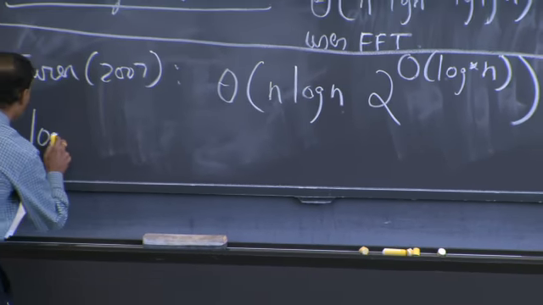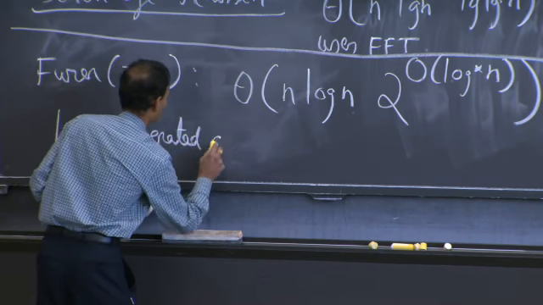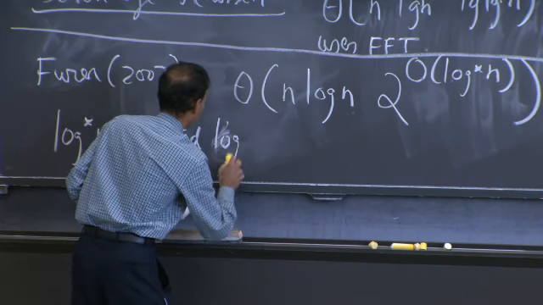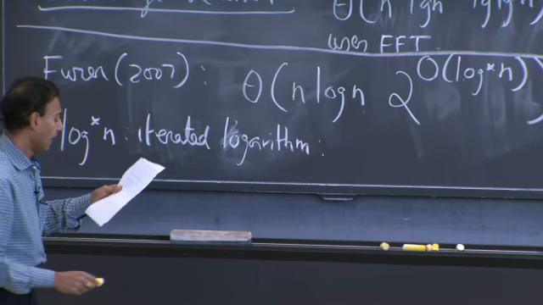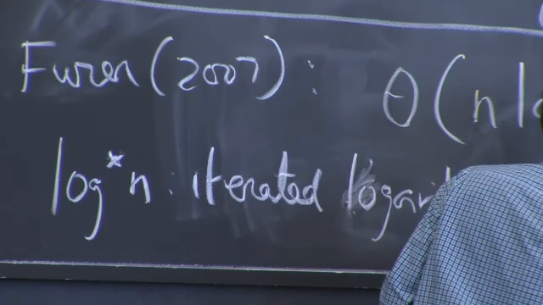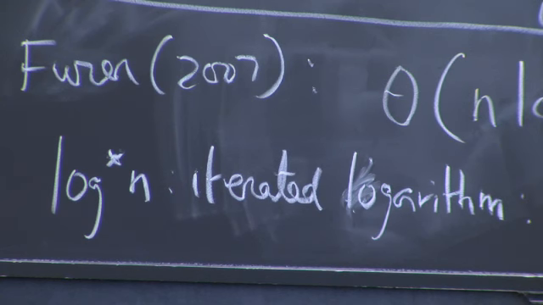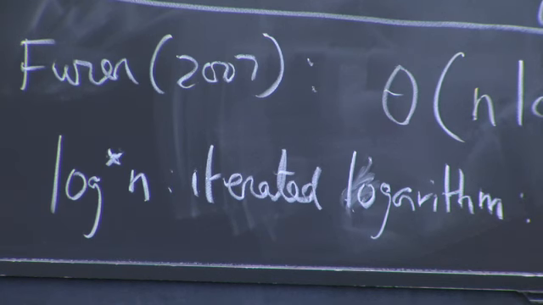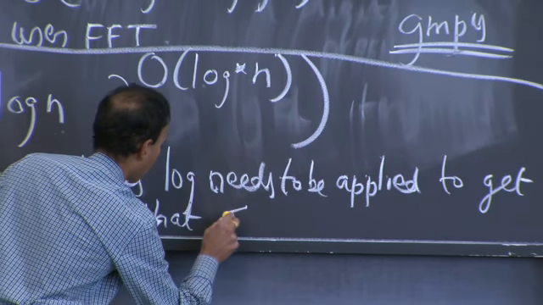And log star n is what's called the iterated logarithm. The iterated logarithm is the number of times log needs to be applied to get a result that is less than or equal to 1.